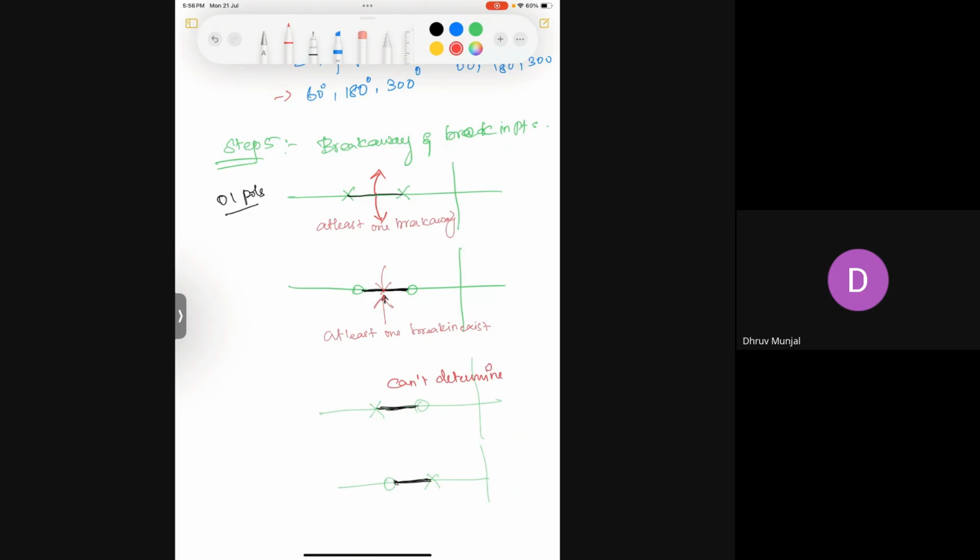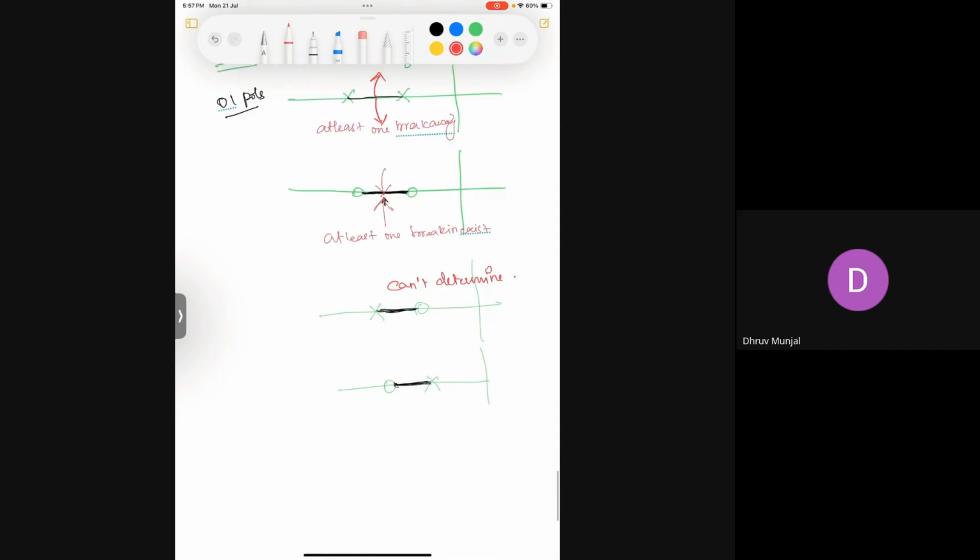It has to be determined based on the number of poles and number of zeros, and while drawing the root locus, we will know whether there exists one or not. But using this formula or the intuition, in a 1 mark question, if someone asks about two adjacent one pole and 1 zero, whether it is a break-in or breakaway, you cannot comment on that. You should choose cannot be determined.